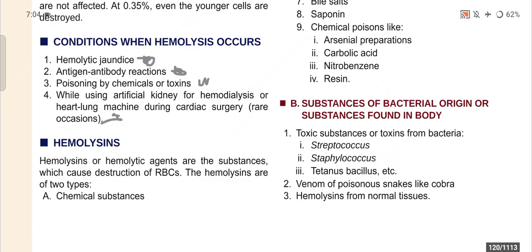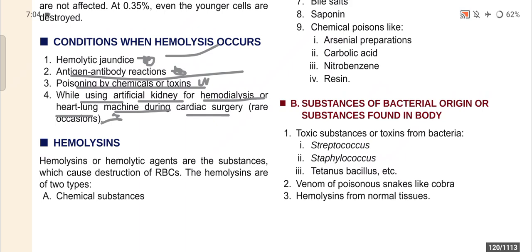Number 4, while using artificial kidney or hemodialysis or heart lung machine during cardiac surgery. So let us explain these conditions.